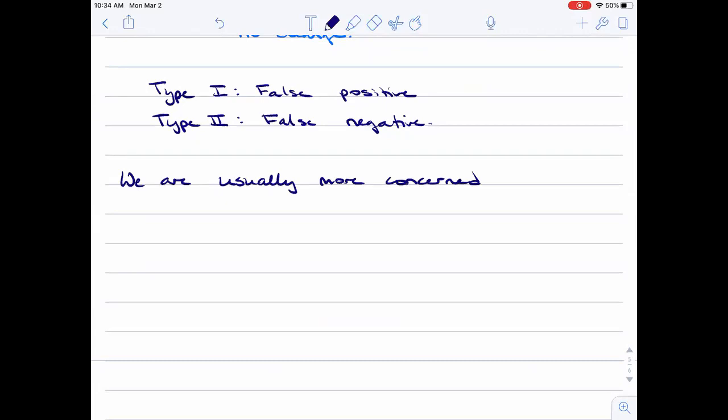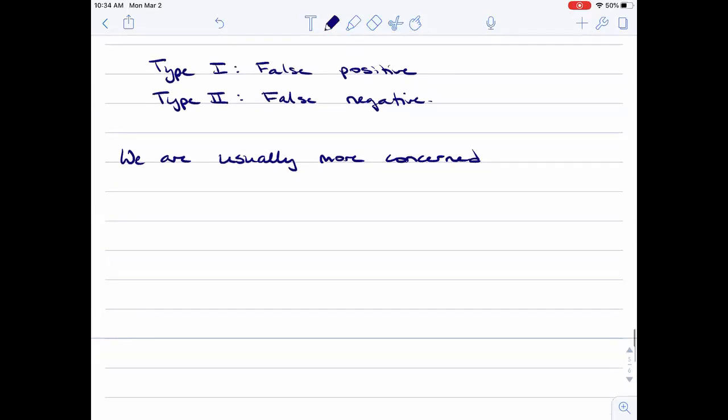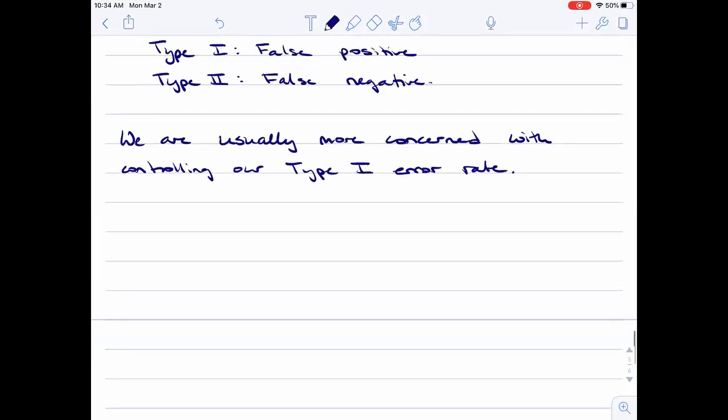But more often than not, we're usually more concerned with controlling our type 1 error rate, which is our alpha.